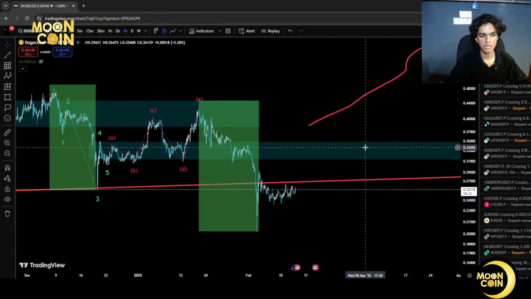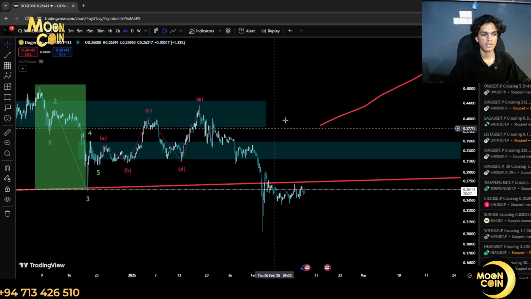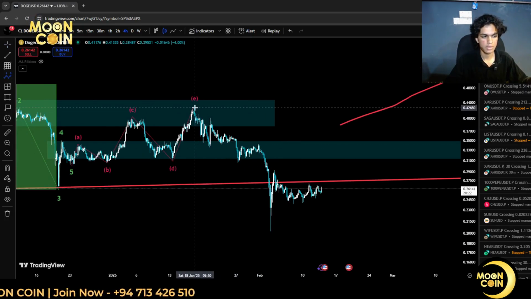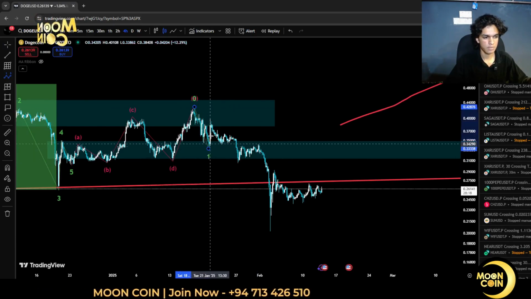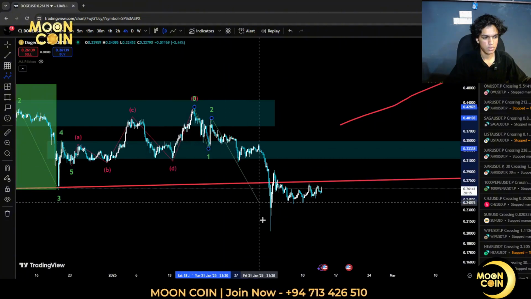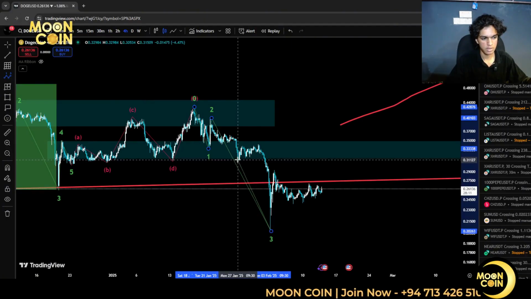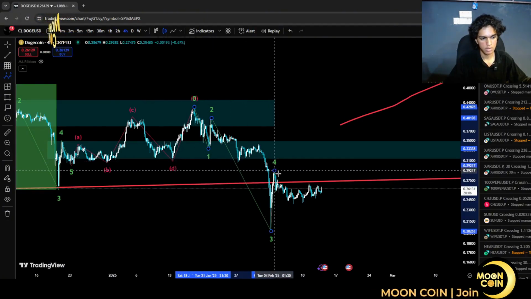The correction should be larger than the impulse, right? So what I see, guys, is let's go with the Elliott wave. Now the impulsive count is 1 2 3. Let's say this is 1 2 and I'll consider this as 3. The 1 can be either this high being broken or else this.